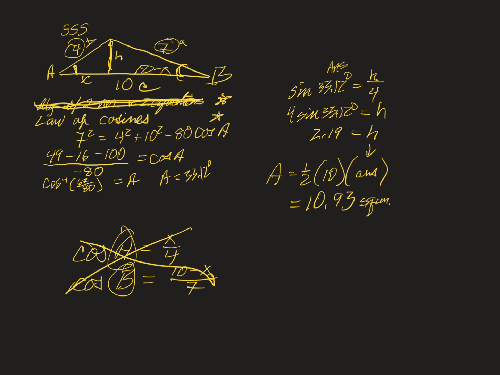Now, we're going to learn something tomorrow called Heron's formula. And it turns out good old Heron had another way to do it. We don't know that way yet, but that'll be for another lesson. Anyway, that is all for finding area.